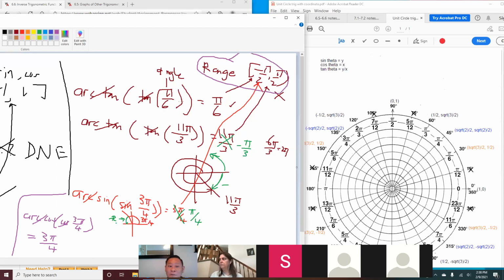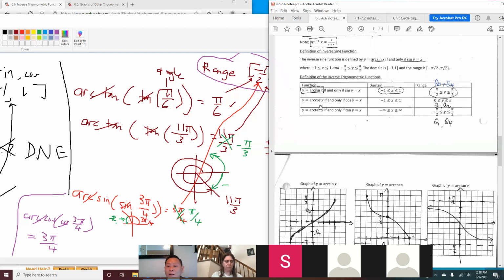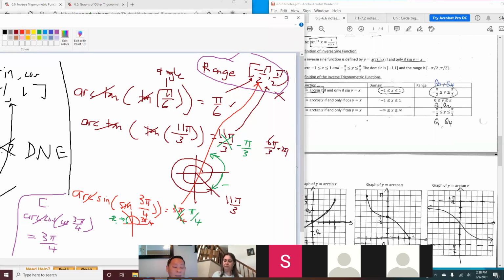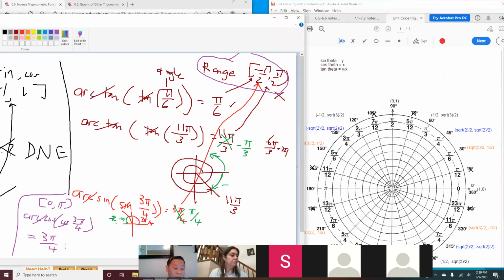This is only for arctangent and arcsine. For arccosine, your range is what? Between 0 and pi. So my question to you is, is 3 pi over 4 inside the range 0 to pi? Yes, so this is your answer.